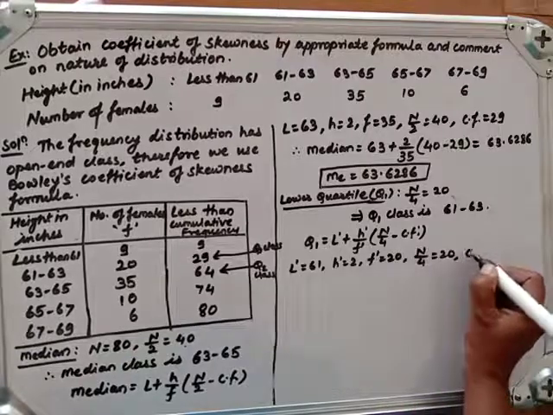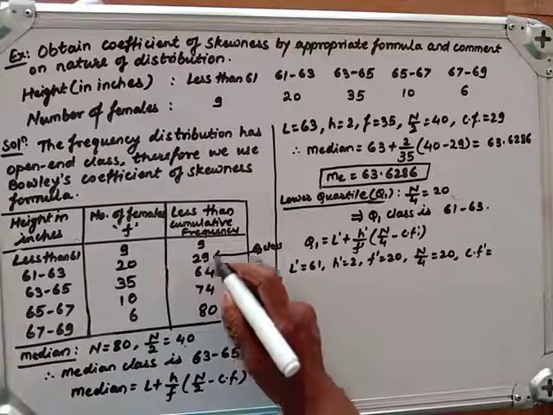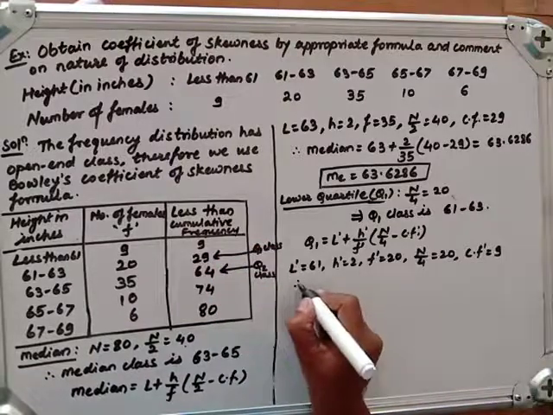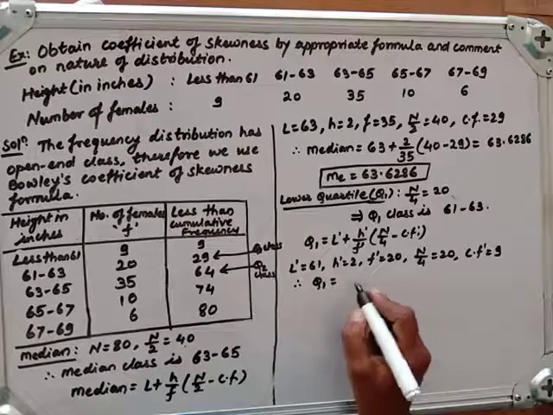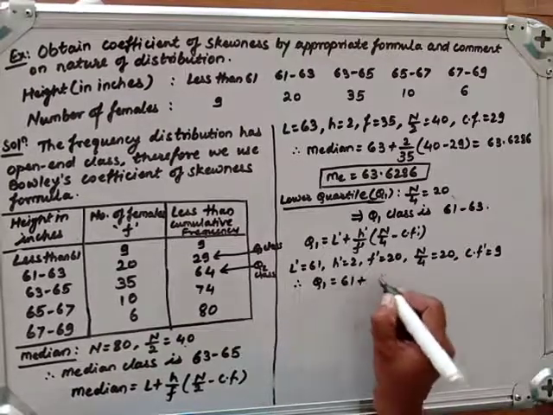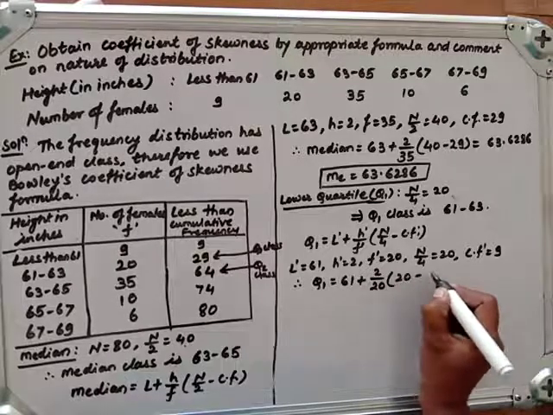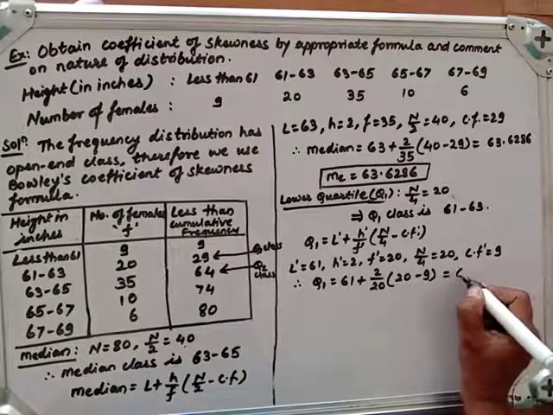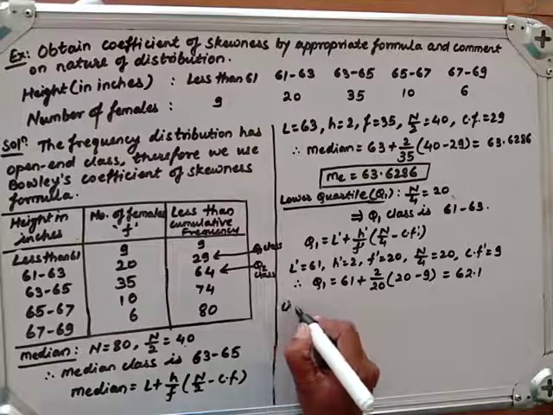And CF dash is the cumulative frequency prior to that class, that is 9. Therefore, Q1 equal to 61 plus 2 by 20 into 20 minus 9. This simplification will give us 62.1. Now upper quartile.